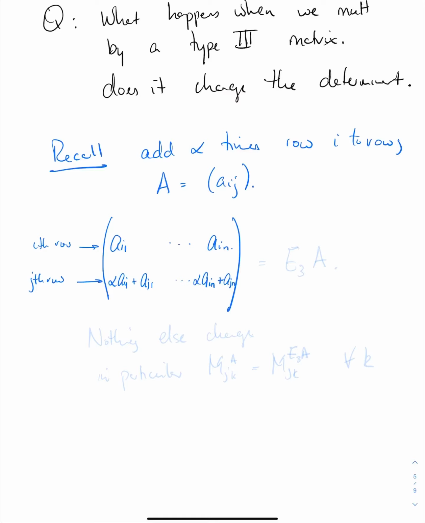This of course is the matrix E3 times A. Nothing else changes. And in particular, M_jk in A is going to be M_jk in E3 times A for all k.